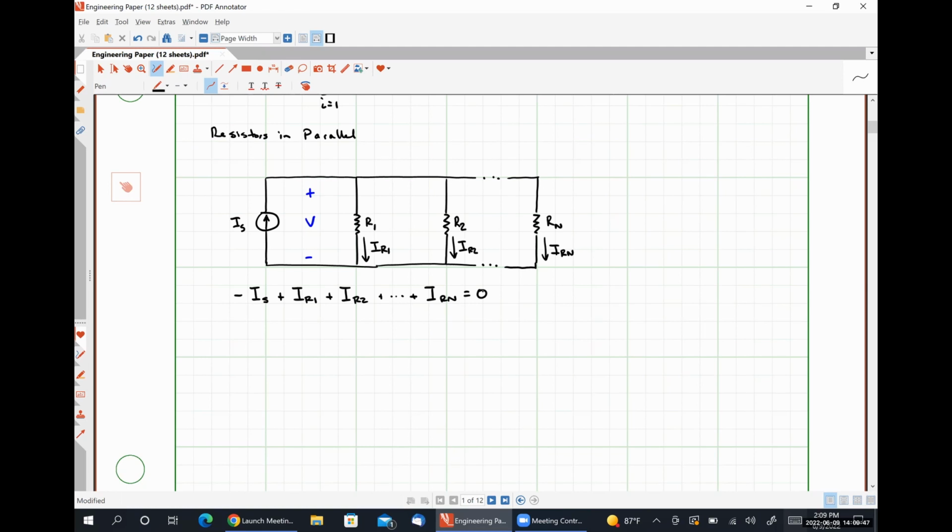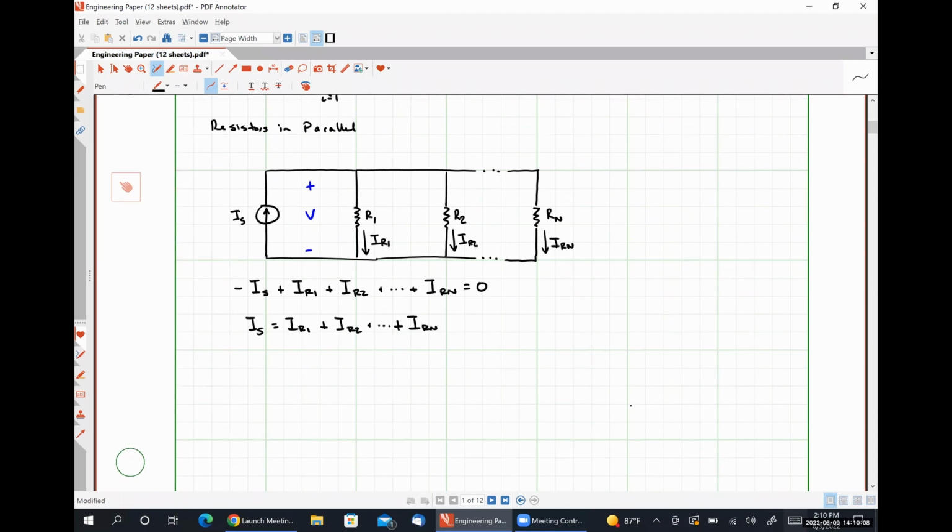I'm going to move my current source term to its own side of the equal sign, leaving me with IS is equal to IR1 plus IR2 plus IRN.